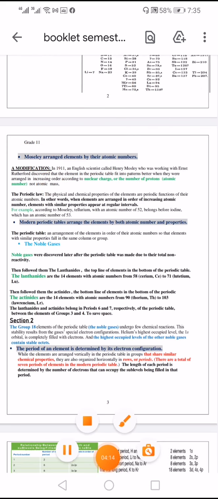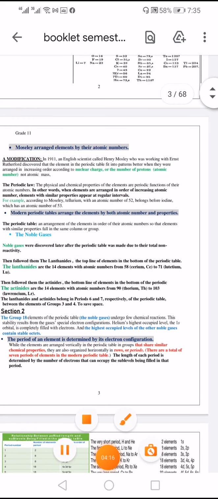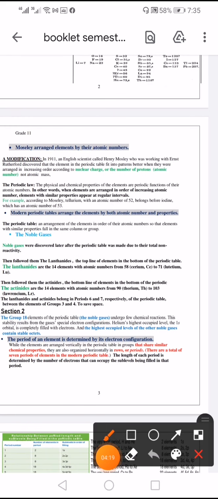The periodic law. What is meant by the periodic law? The physical and chemical properties of the elements are a periodic function of their atomic number.